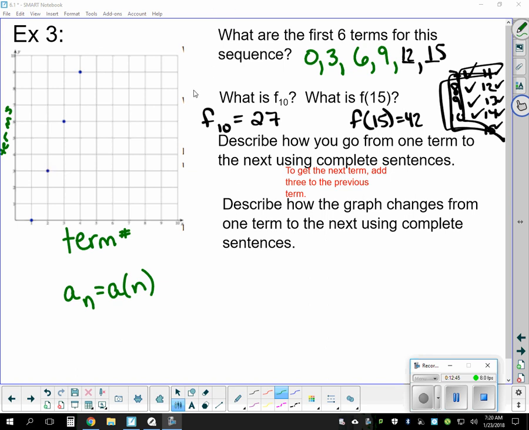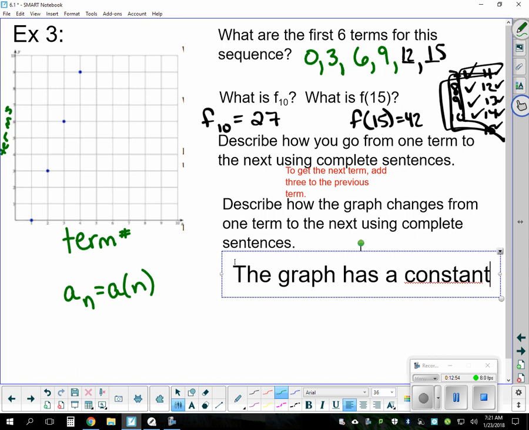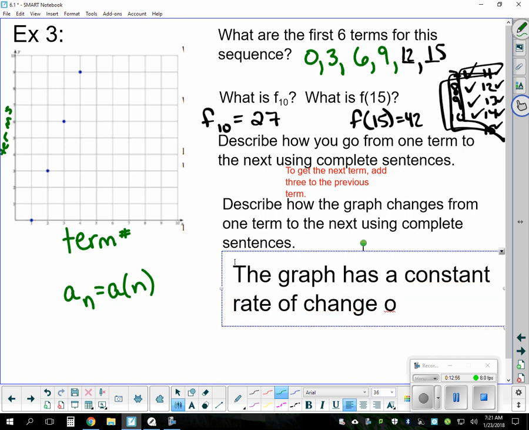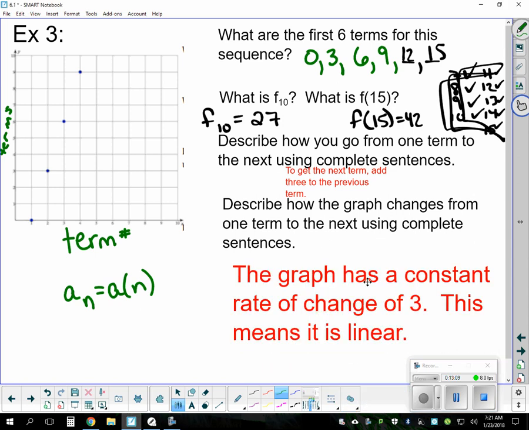And because that's constant, that means we have a linear function. So I could say the graph has a constant rate of change of 3. This means it is linear. Okay, and that would be a very good answer if you gave that.